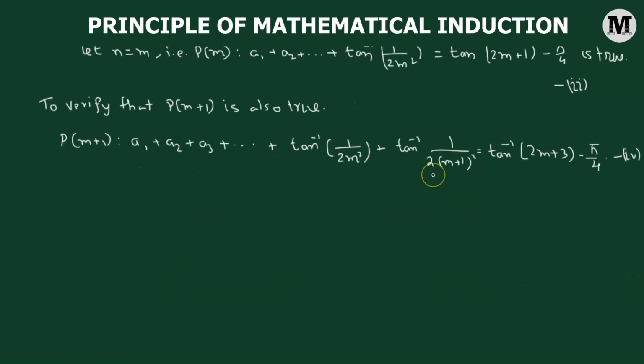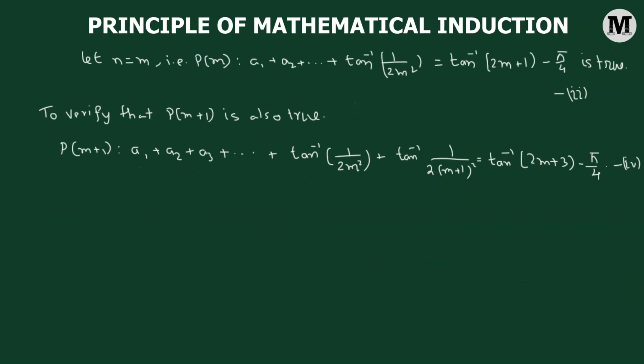Now what we'll do, we will verify this by considering the left hand side. So now let us consider only the left hand side of the statement p of m plus 1. Here we have the first term added to the second term.